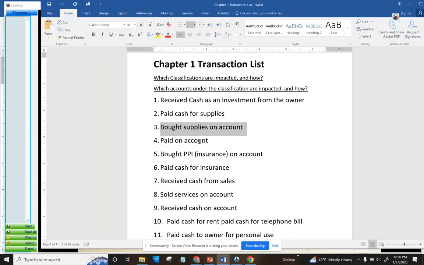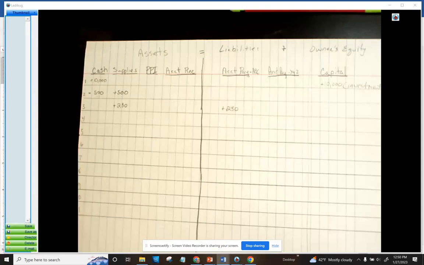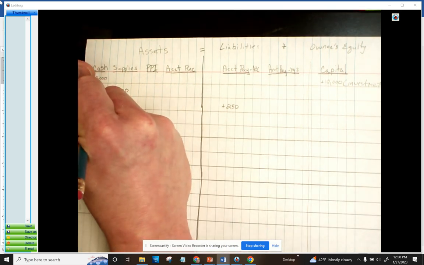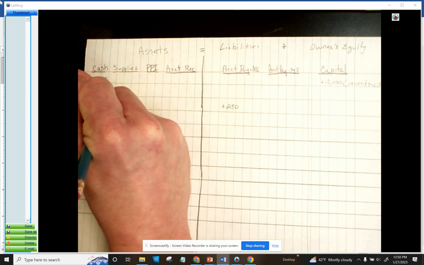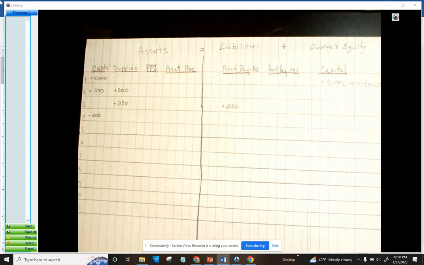Next transaction, paid on account. Okay, well, let's just say we are paying on account for those supplies since we got something there. We're paying on account, which means we're paying off money that we owe. So we're going to pay cash. Let's say we are paying off $200 that we owe, not the full amount.